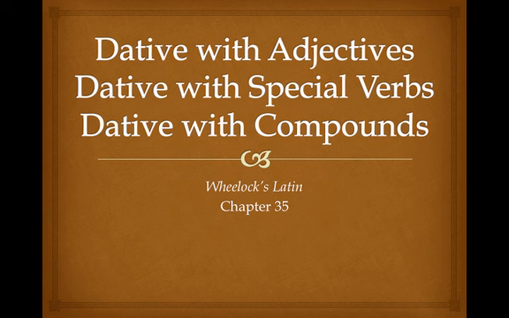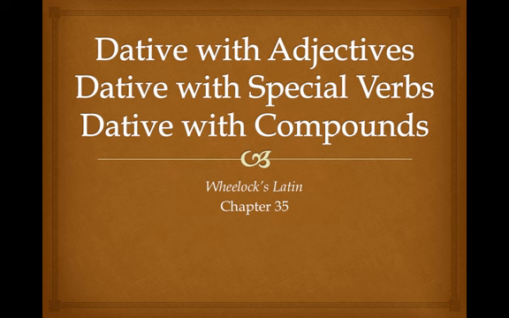Okay, this chapter deals with three new uses of the dative. These are actually fairly common sense uses of the dative, especially if you consider the dative and its translation to or for. There are certain adjectives that will take a dative.